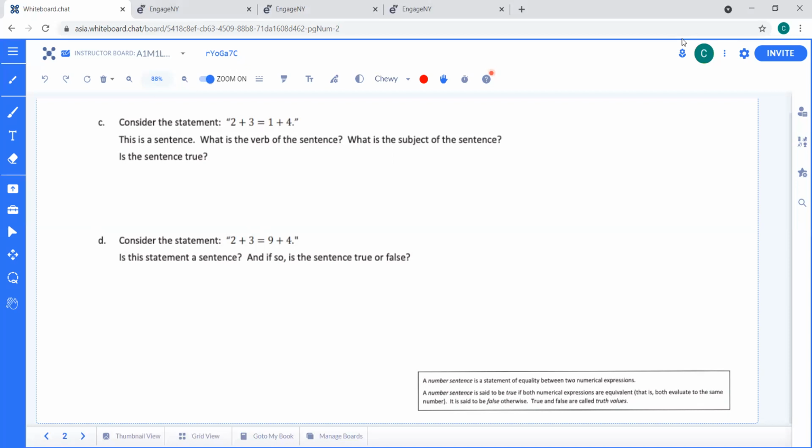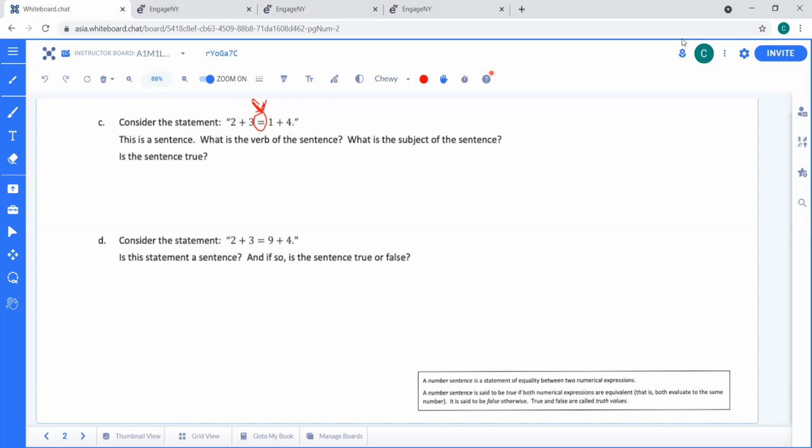Now, consider the statement: 2 plus 3 is equal to 1 plus 4. This is a sentence. What is the verb of the sentence and what is the subject? The verb is right here.